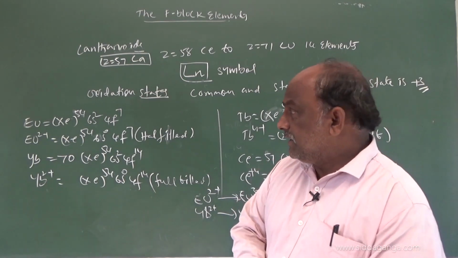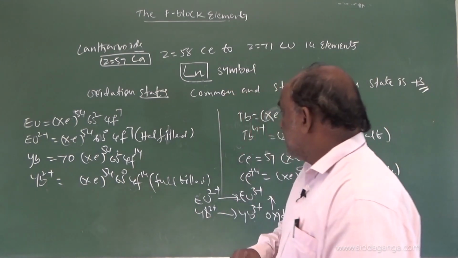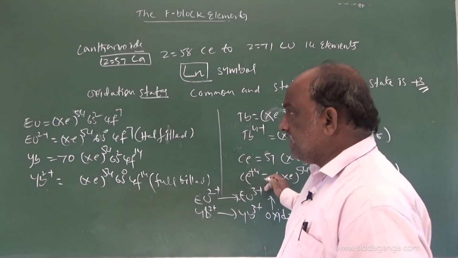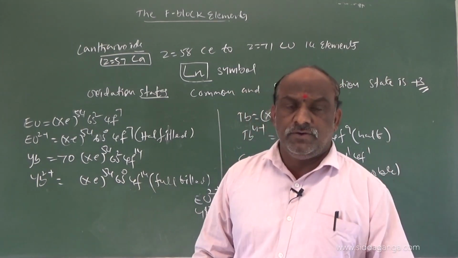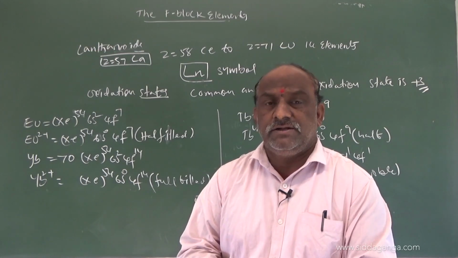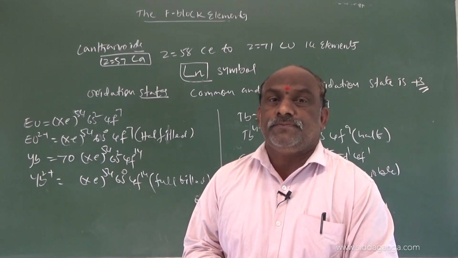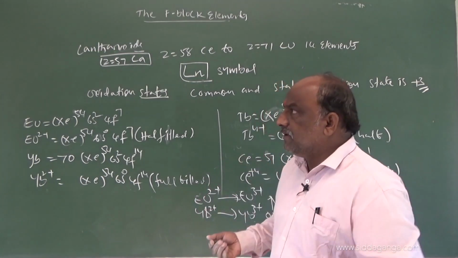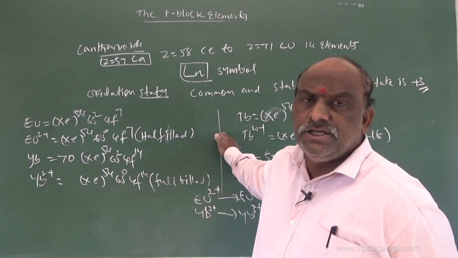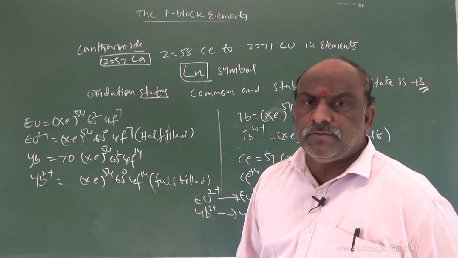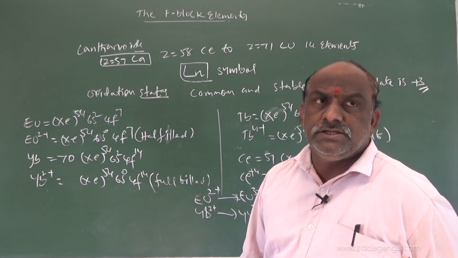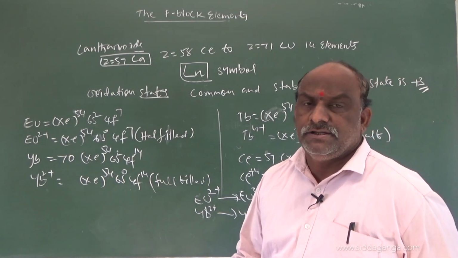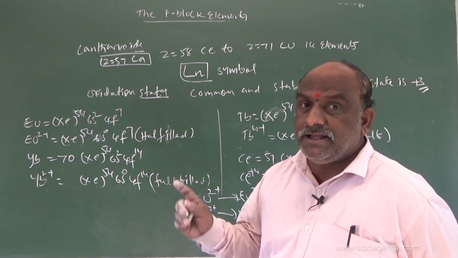The electrode potential of Ce4+ to Ce3+ is 1.74 volts, as I already said. Due to that, cerium 4+ is used as an analytical reagent.